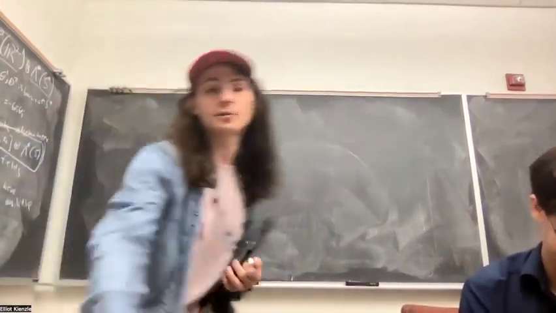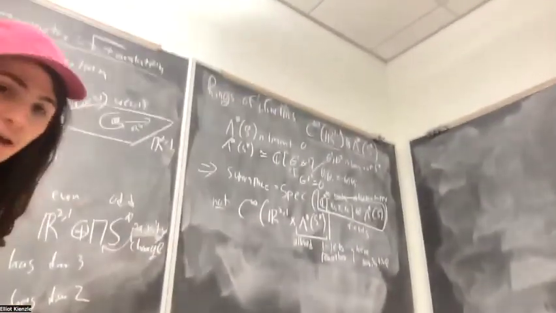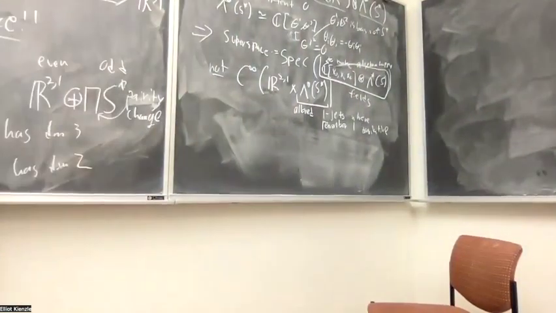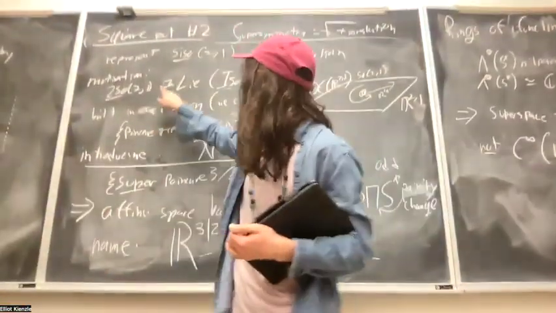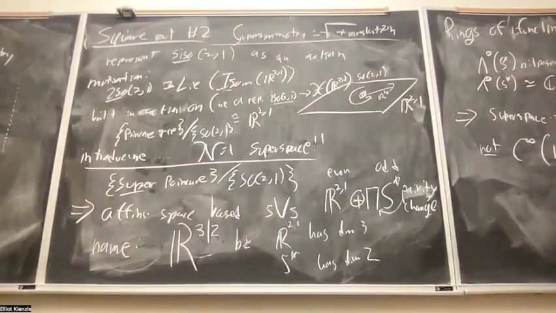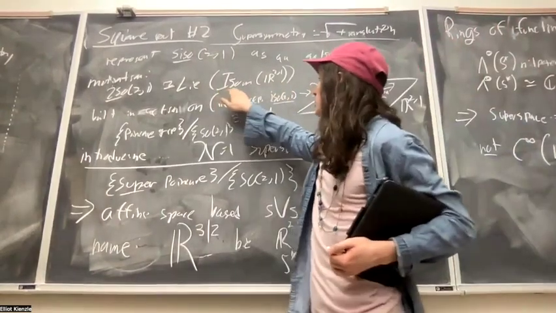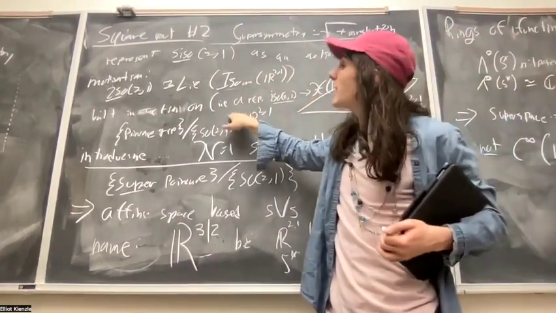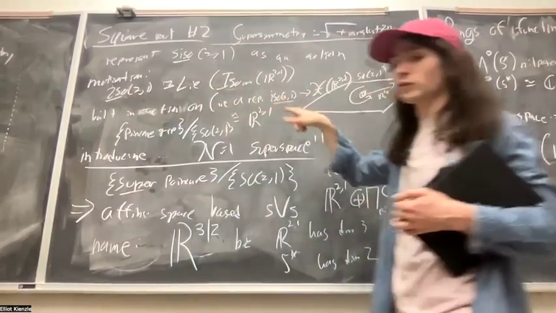So let's recall where we're at. What we did is we looked at superspace. Superspace is basically saying, I have a super algebra, and I want to represent this algebra in terms of actions on a space. It's built off of the Lie algebra of isometries of three-dimensional Minkowski space. The Lie algebra of isometries we can think of as the Lie algebra of the group of isometries. This has an action on the space. We can get an infinitesimal action, a representation of the Lie algebra in terms of vector fields.